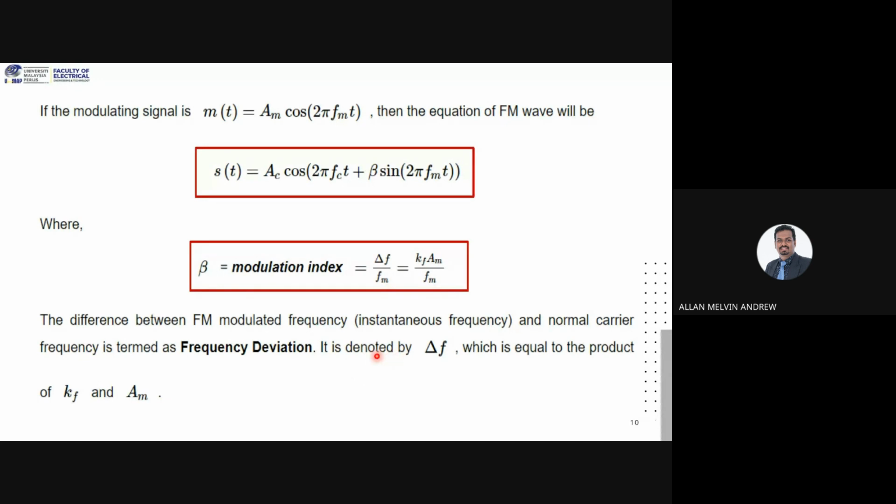It is denoted by the change in f, which equals the product of kf and Am. So you can see the change in f is kf Am. Product means times.